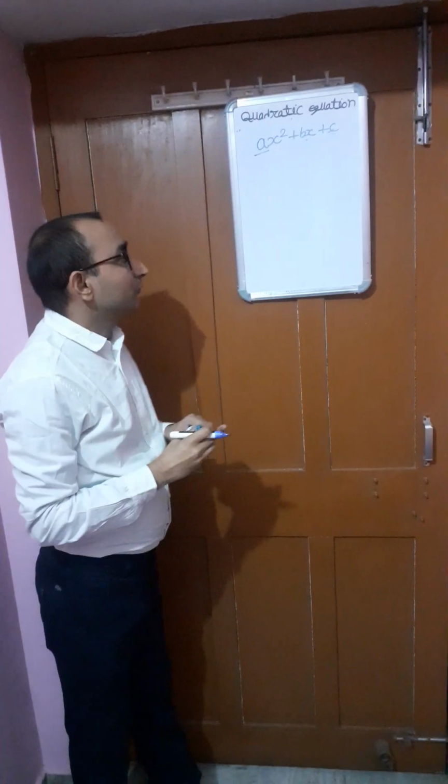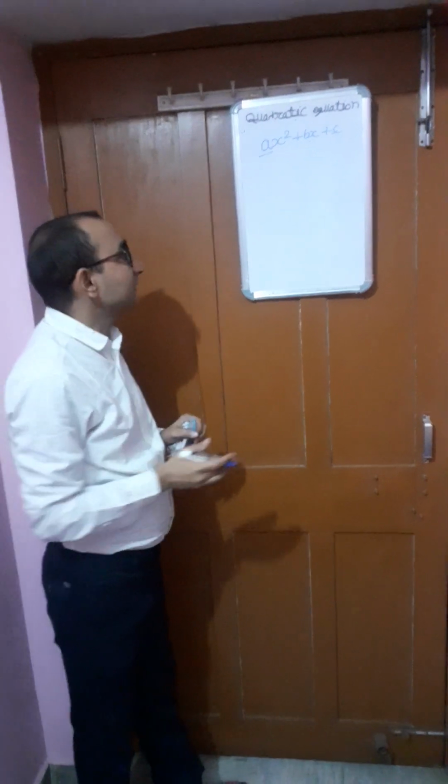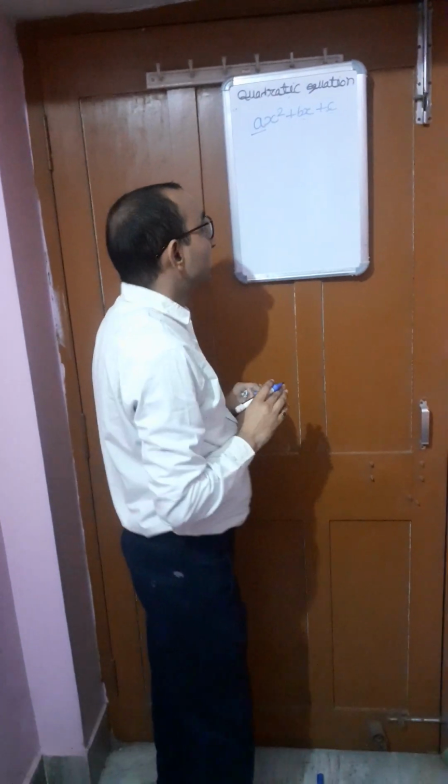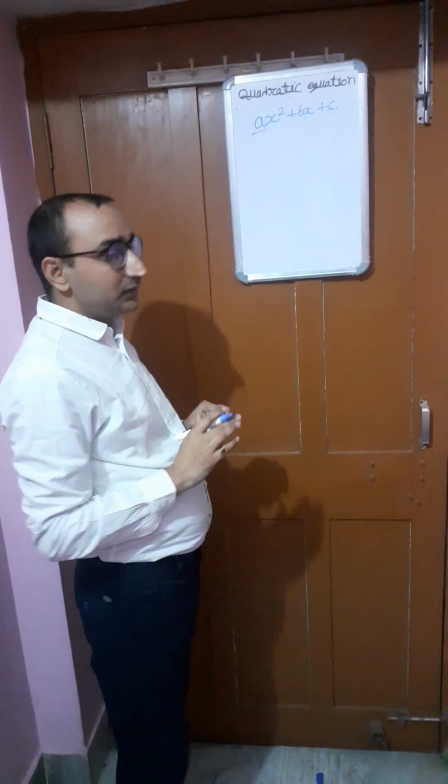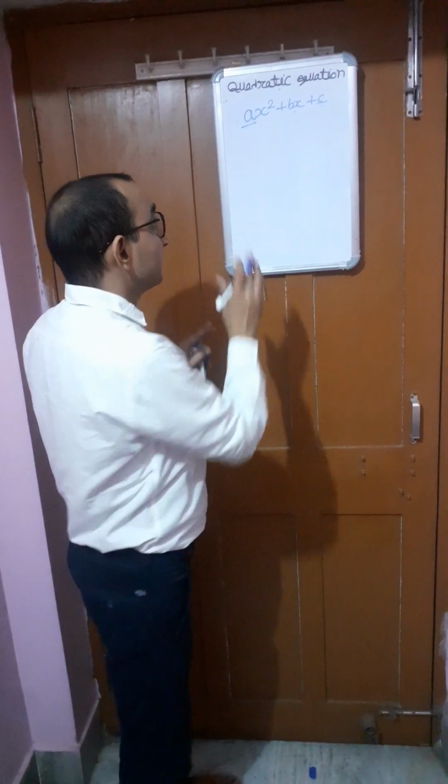So it is easy to find the sign of a and c, but we have to find how we can find the sign of b.